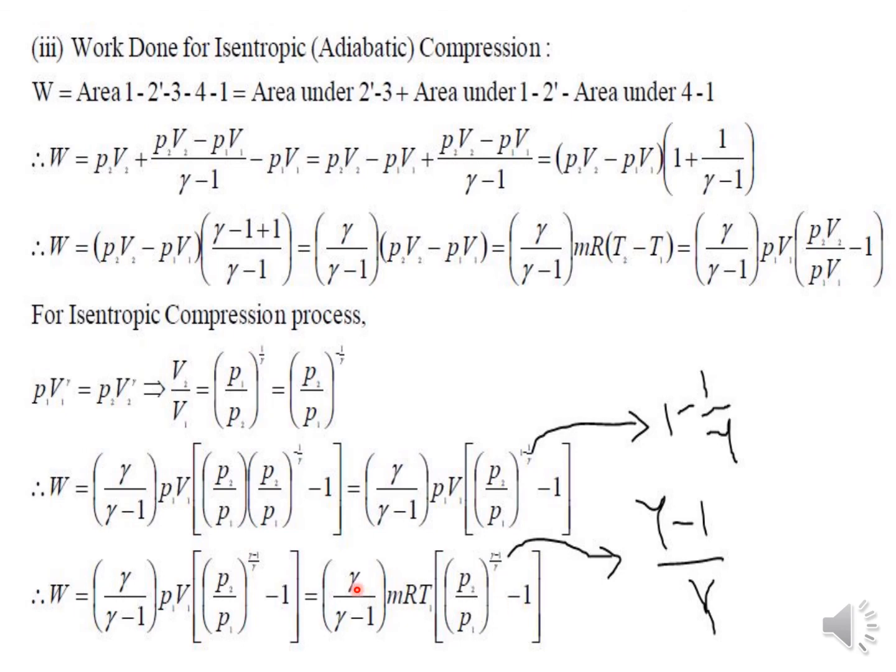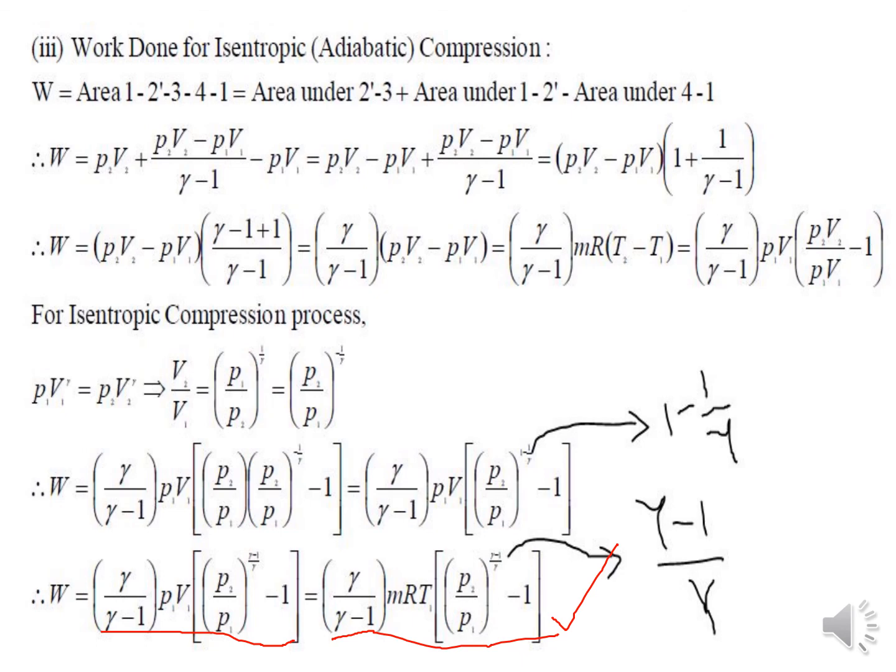This equation you need to remember for simplification in further derivations. So these two are important. These are the final derivations.